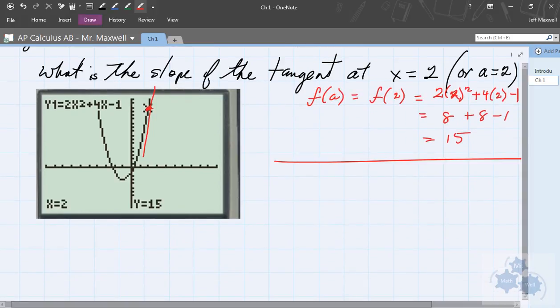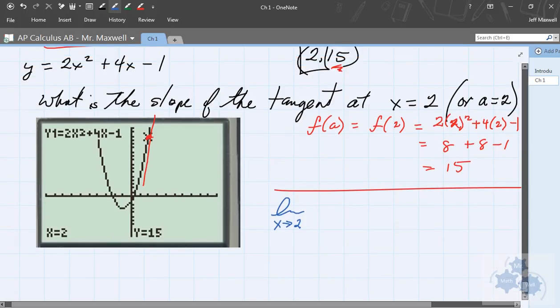So our limit function: limit as x approaches 2, because that's our a value, of f of x. Now, f of x is just the actual function, so we're actually going to put that in there. So 2x squared plus 4x minus 1. See, it's the y value, or f of x with x put in for x.